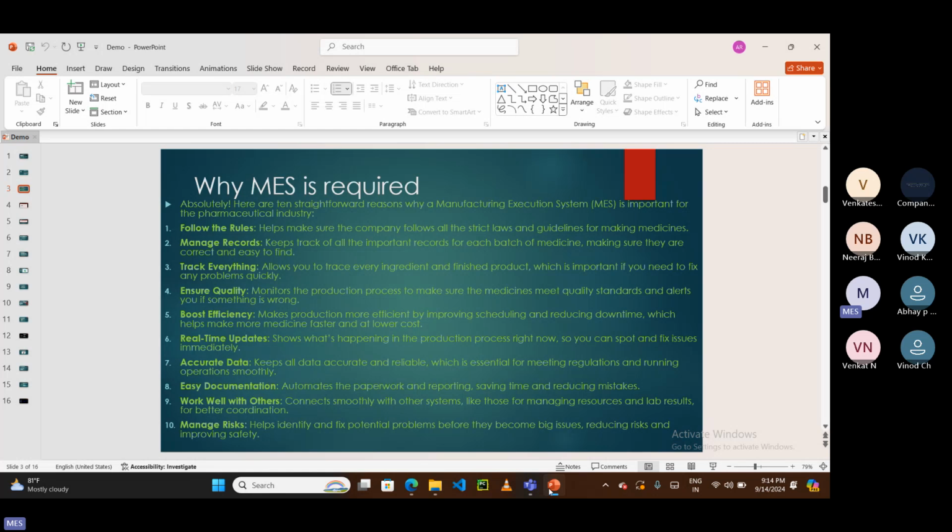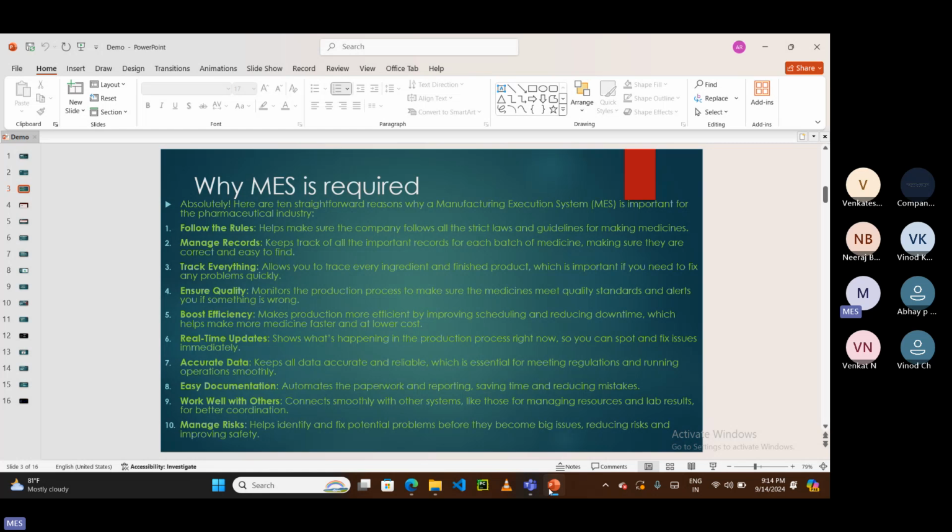But as a pharmaceutical, as a life science industry, we are more focused on quality, and we should be, because there is no other way. Because of that, a person's life will be there or will not be there.